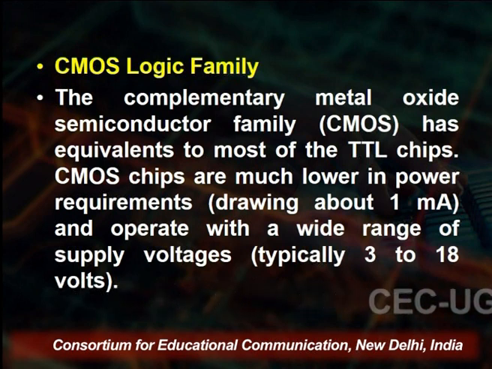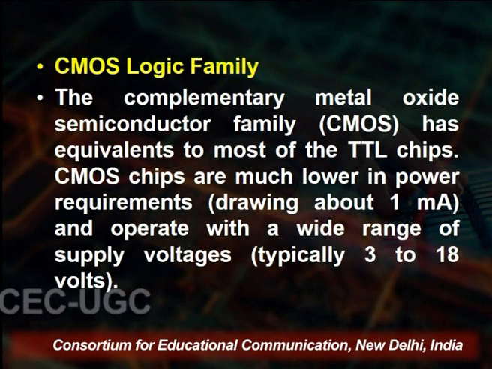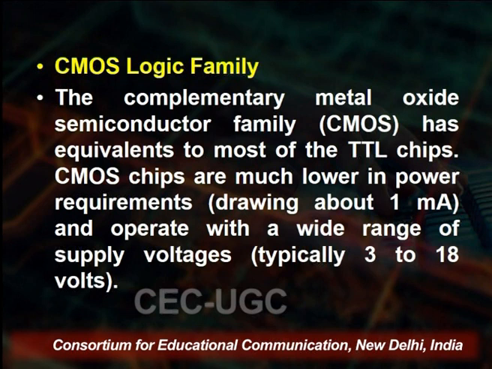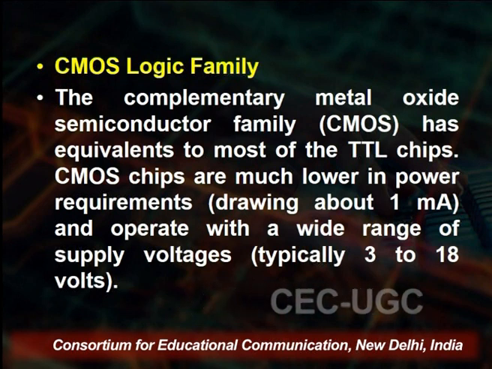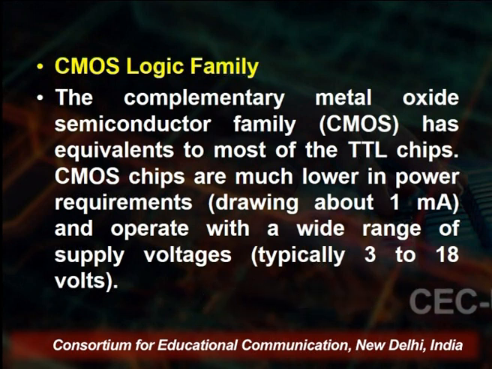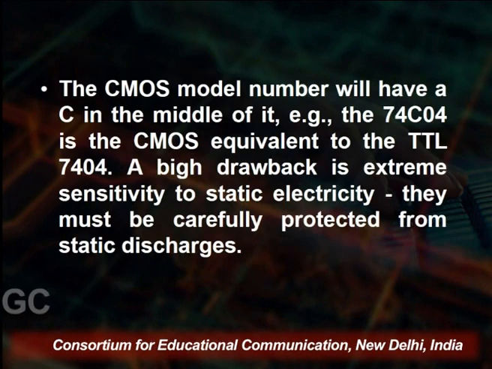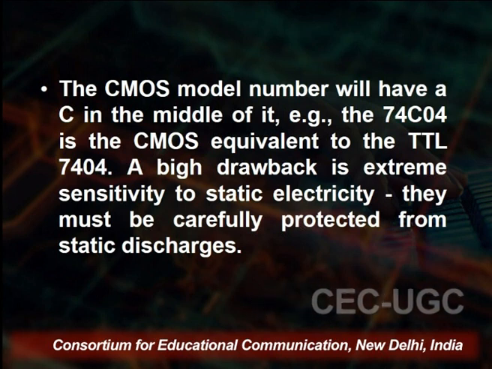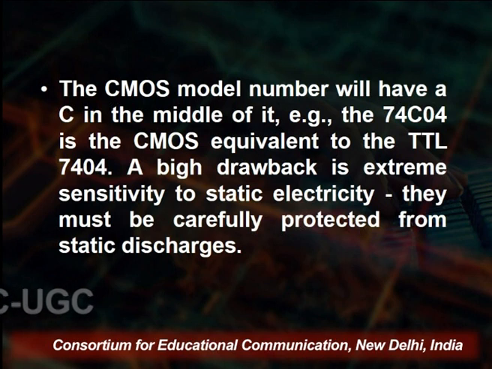CMOS chips are much lower in power requirement, drawing about 1 milliampere and operating with a wide range of supply voltage from 3 to 18 volts. CMOS model numbers have a C in the middle, so whenever we have the C, it is CMOS.